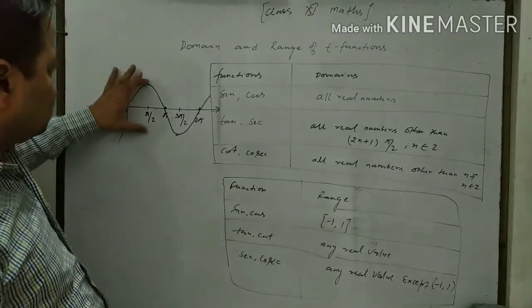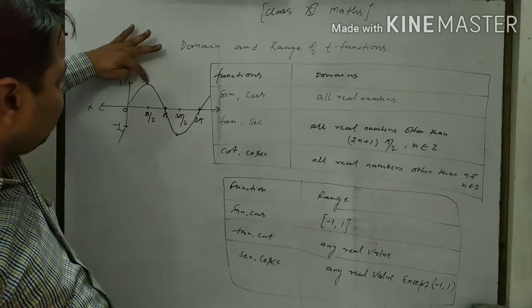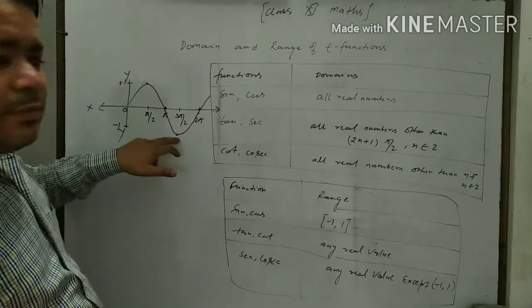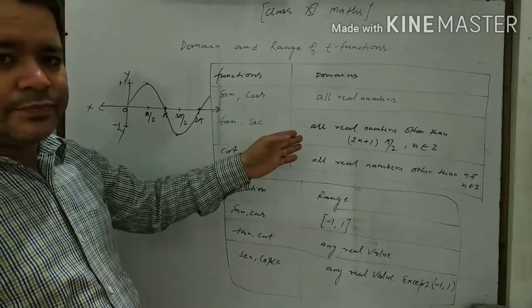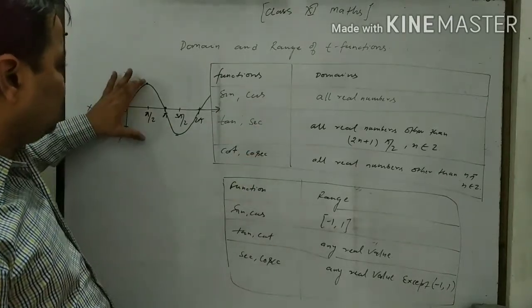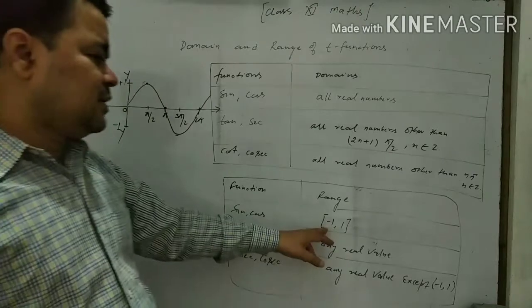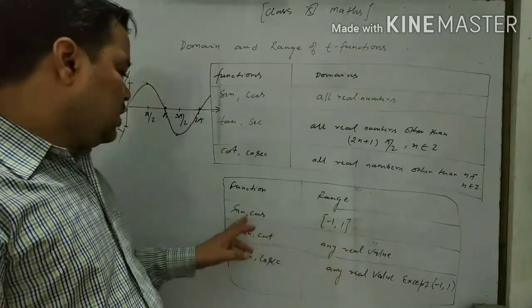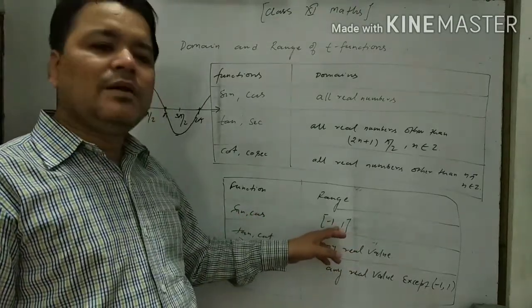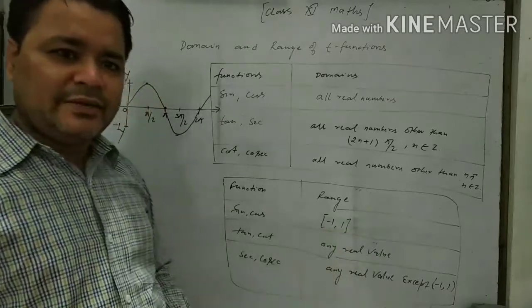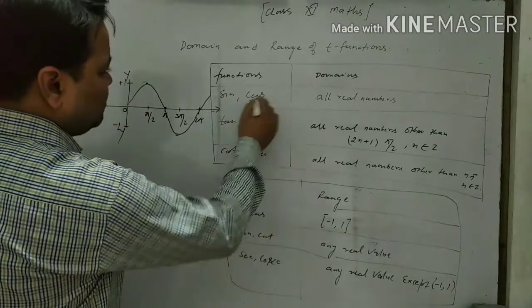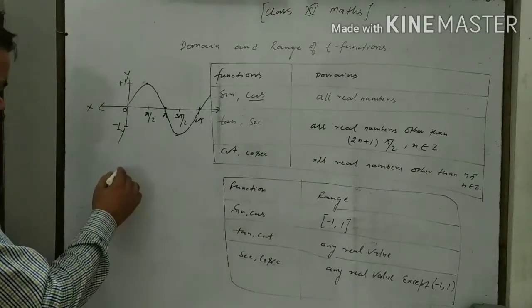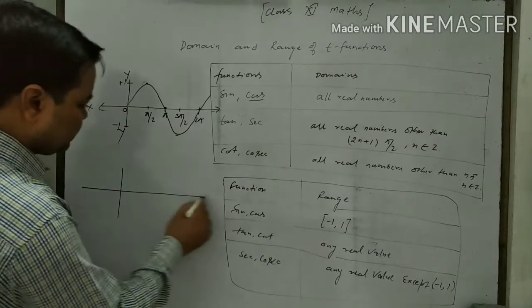Whatever value we take, the value of sine will always be between minus 1 and 1. Therefore, the range of sine will be minus 1 to 1. Getting?